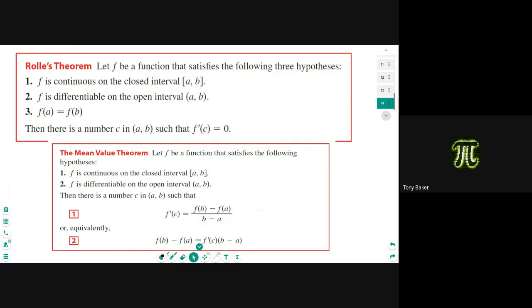F is continuous on an interval. You can find the derivative of that, and that f of A equals f of B. If those three things exist, then there's some number C in between A and B where the derivative has to be 0.